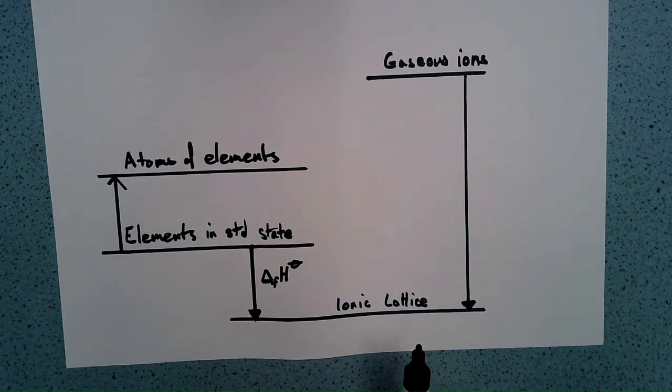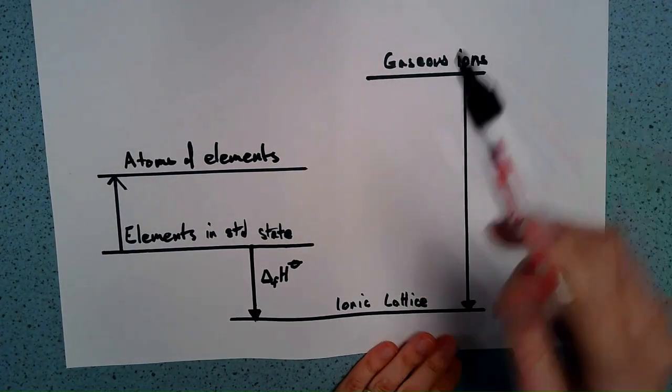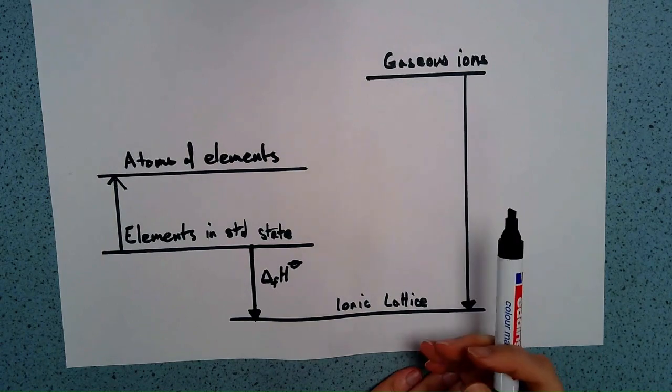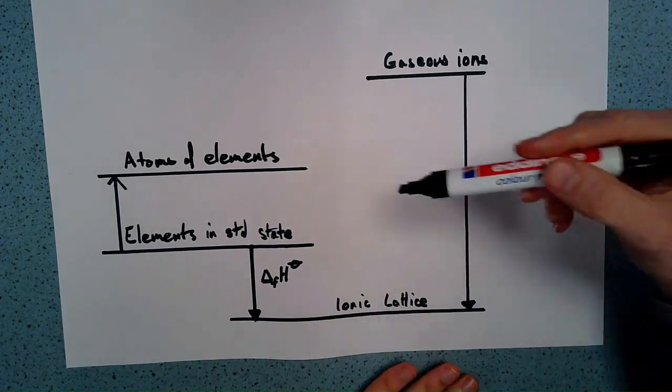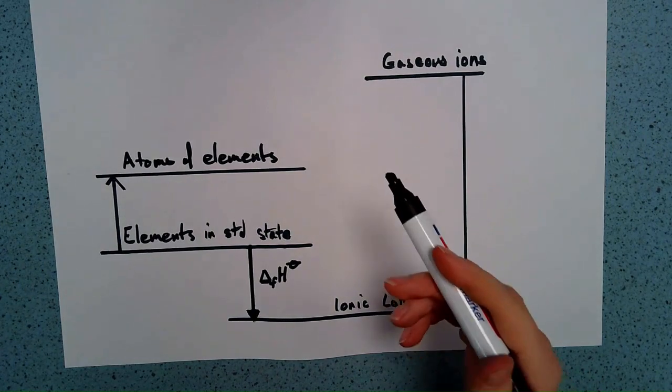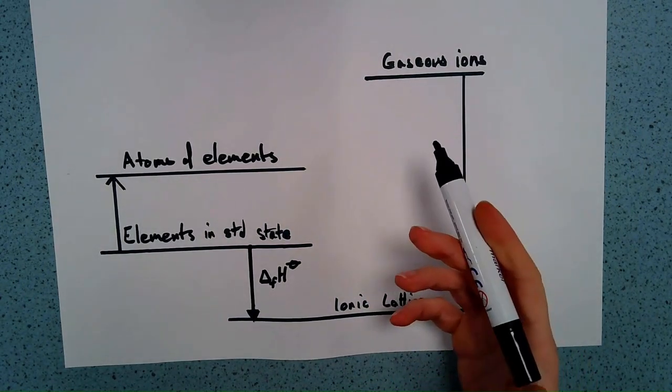Next thing that we're going to do, and I'm going to do this in 2 steps, we've got to make the atoms into ions, and obviously if we're going to get one which is positive and one which is negative, there's going to be 2 processes in here. So if we want to make a positive ion, we've got to remove an electron.